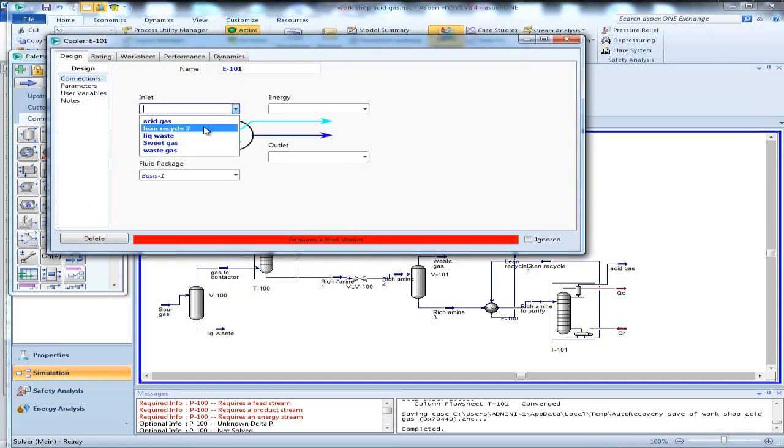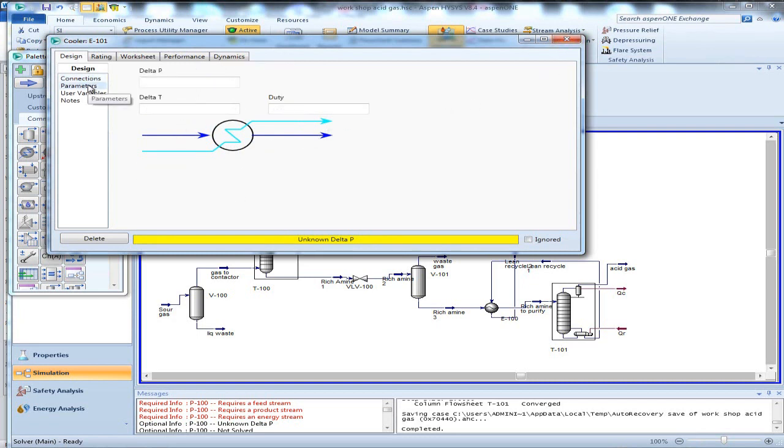So lean T3 and then Q cooler and then lean recycle number 4.